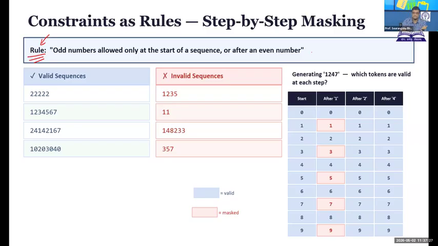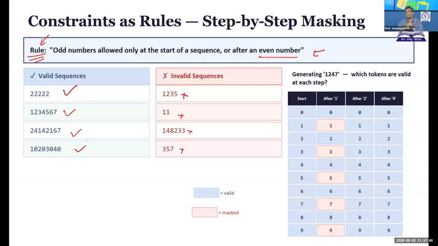So for example, this is a rule: odd numbers are allowed only at the start of a sequence or after an even number. So one odd number cannot follow another odd number. So this particular sequence is invalid, this is invalid, this is invalid, this is invalid. These are all valid sequences.